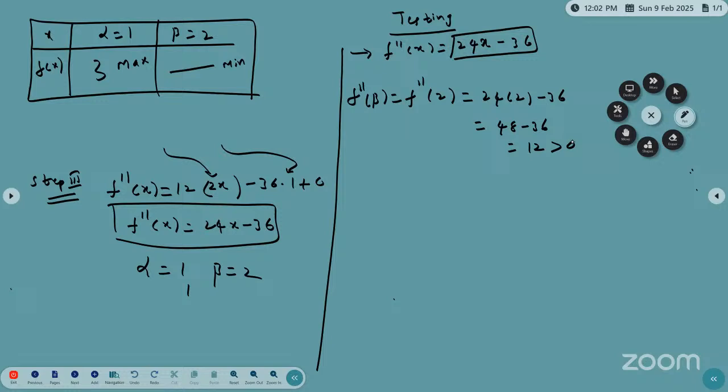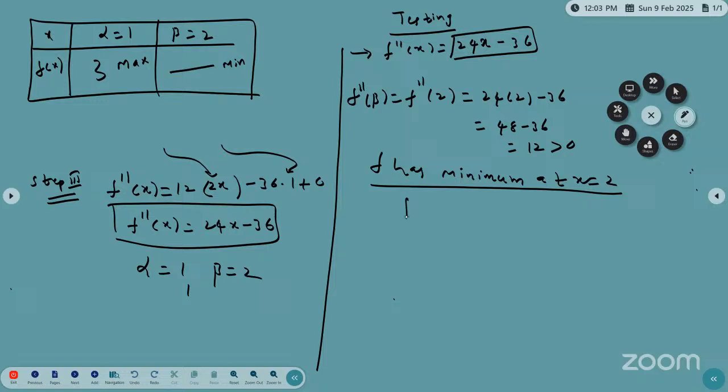Positive. If the reply is positive, what do you have to assume? Think in the reverse way. The function has a minimum at x equal to 2.